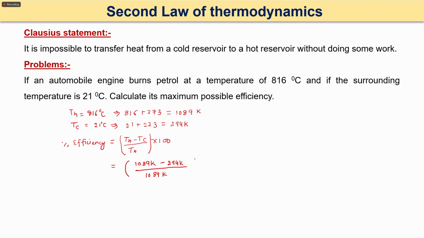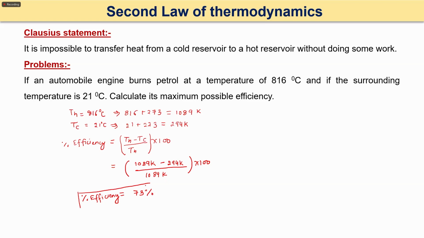Okay, and multiplying the whole with 100. What will you get? You take 1089 minus 294, subtract this and divide it by 1089, and the result you multiply with 100, so you will get 73. Okay, so if this value is 73, that means your percentage efficiency is 73%.